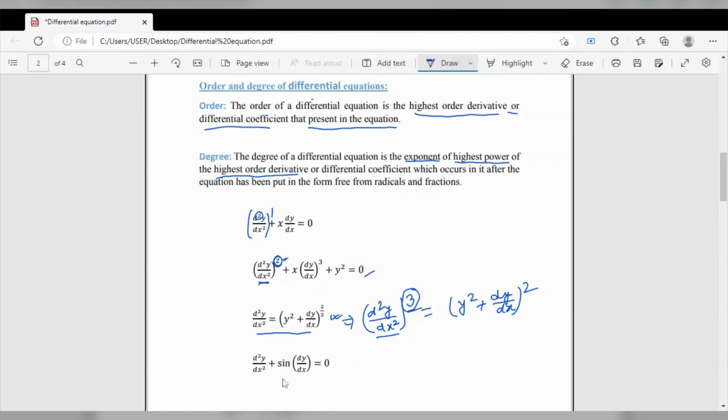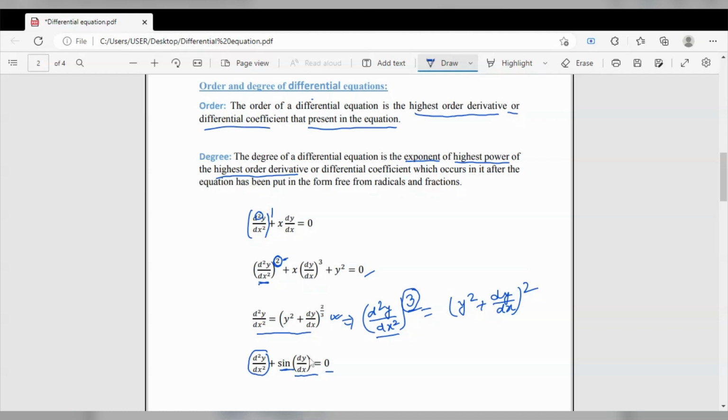Now we go to the last example, the fourth example: d2y by dx square plus sine of dy by dx equal to 0. In this differential equation, the highest order derivative is d2y by dx square, but since dy by dx is contained within sine, the order of the differential equation is 2, but the degree is not defined.